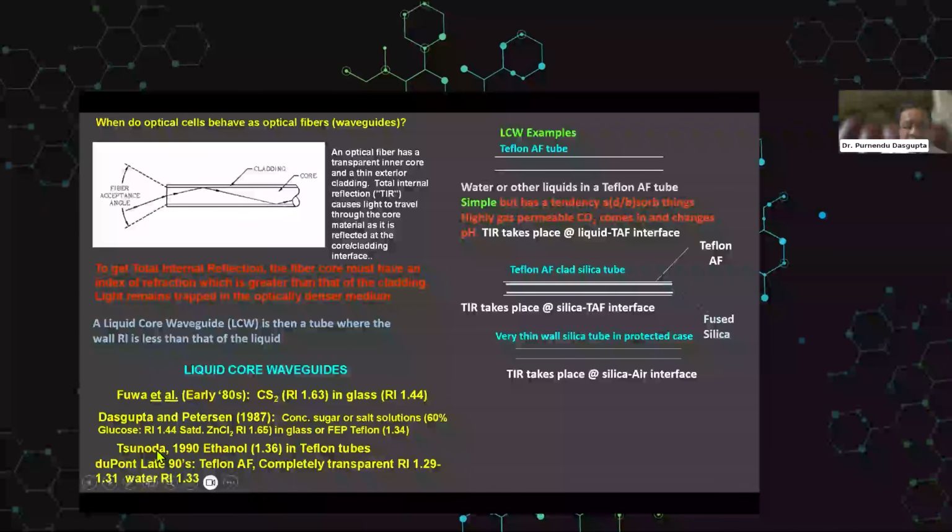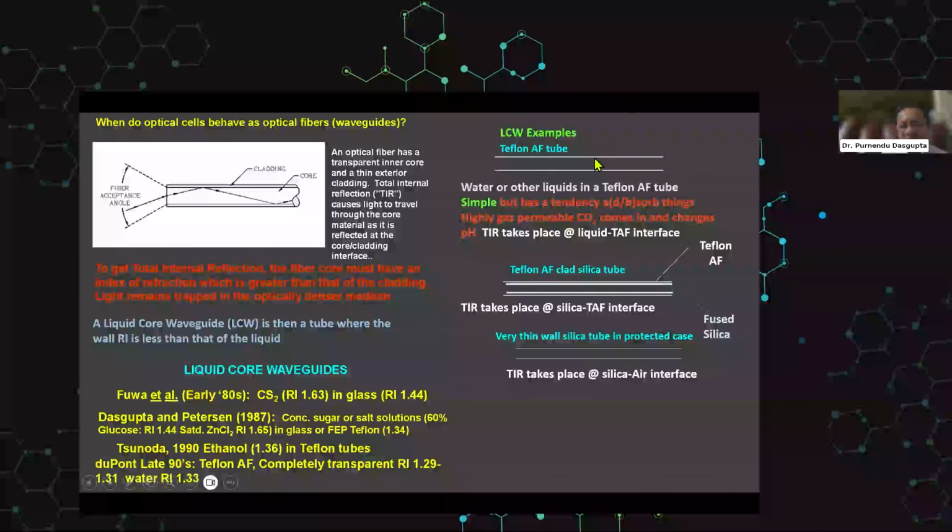Sunoda felt that alcohol is better, but realistically this didn't take off until DuPont in the late 90s invented Teflon AF. This polymer is completely transparent across the UV range and has a refractive index of 1.29 to 1.31, compared to 1.33 for water. So a water-filled Teflon AF tube behaves as a liquid core waveguide. It's simple, but Teflon AF is very gas permeable.